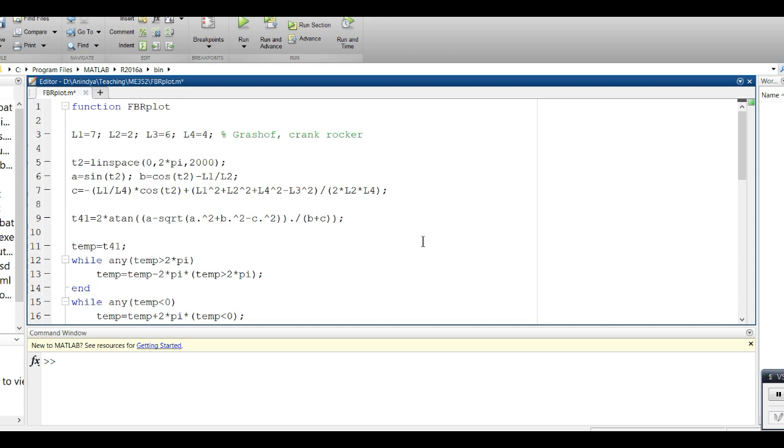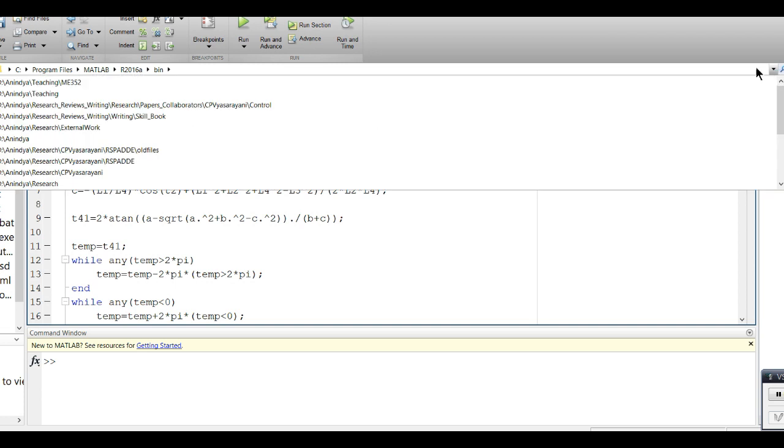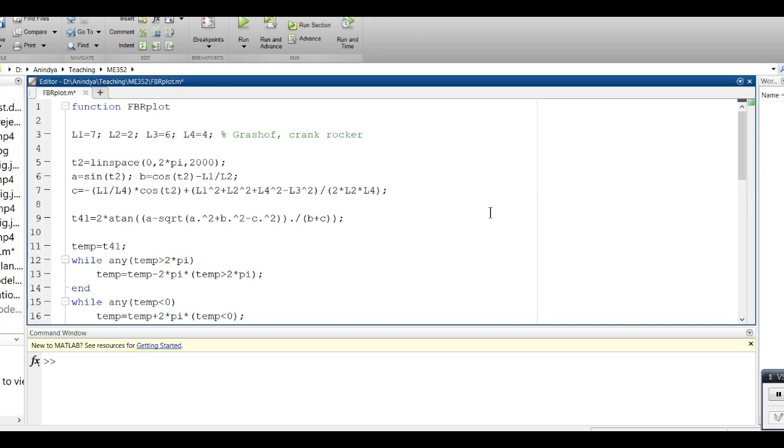Okay, I have to be in the right directory. What am I doing here? Theta 2, I'm going from 0 to 2 pi. It's a crank. Theta 2 goes all the way around the circle.